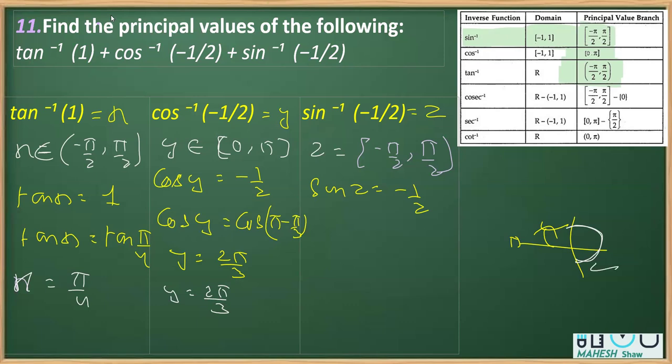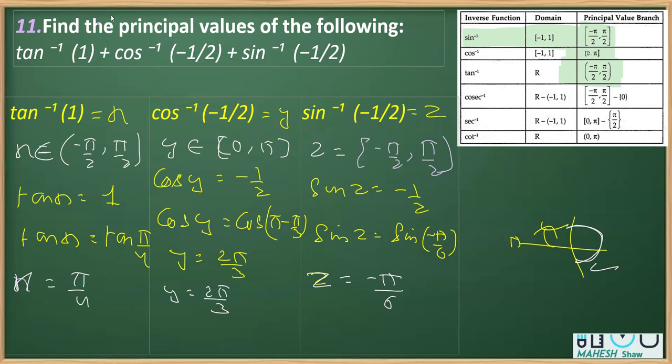So we'll write simply that sine z is equal to sine of minus pi by 6. Therefore, z is equal to minus pi by 6.